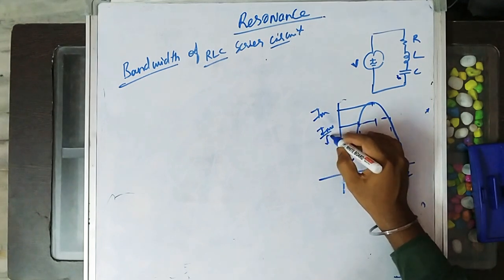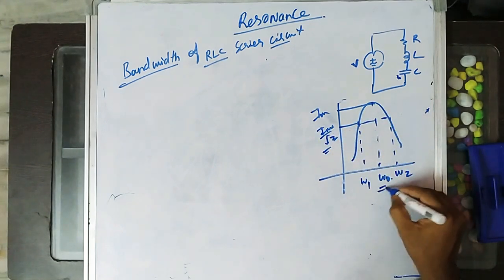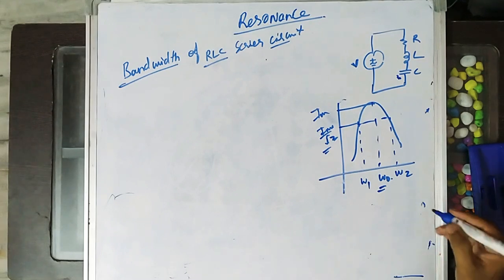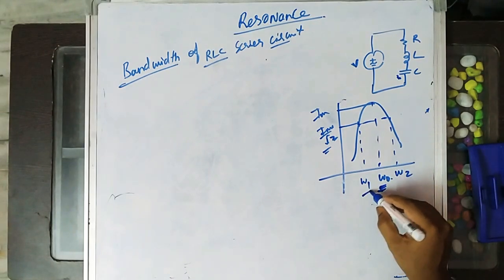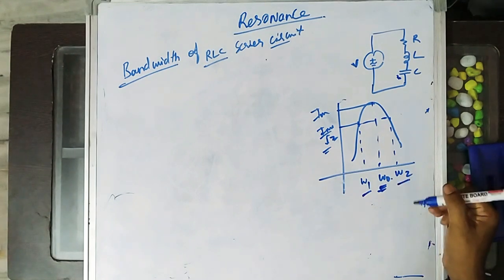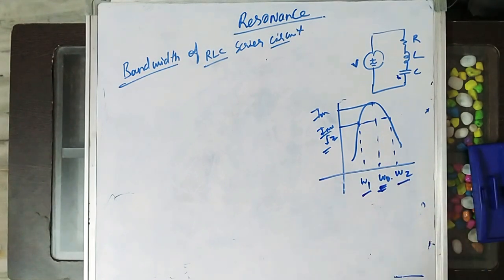Now we have a derivation. We are looking to find the resonance frequency in terms of omega 1 and omega 2, and the bandwidth in terms of the L and C components.